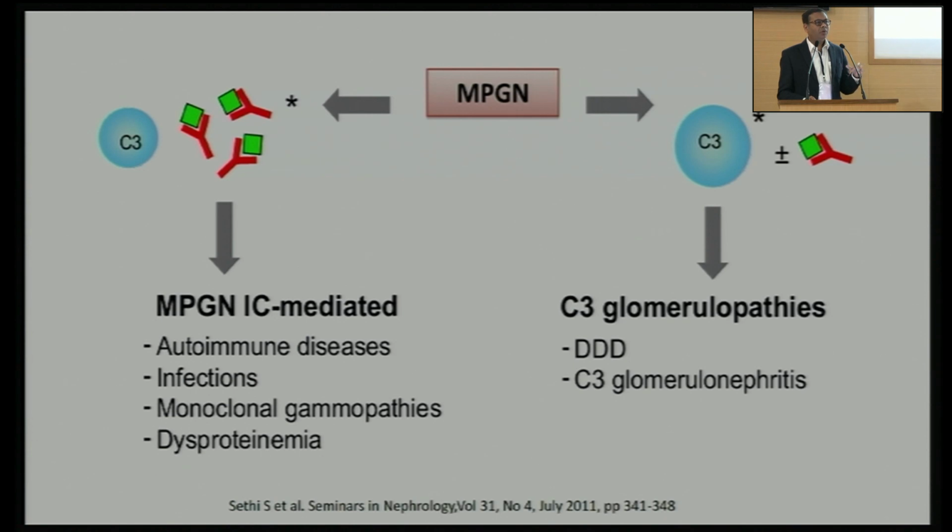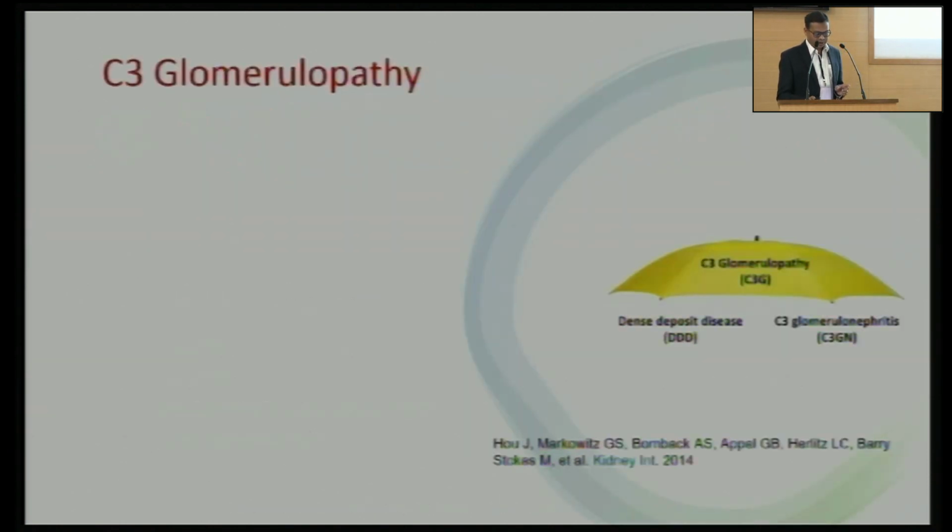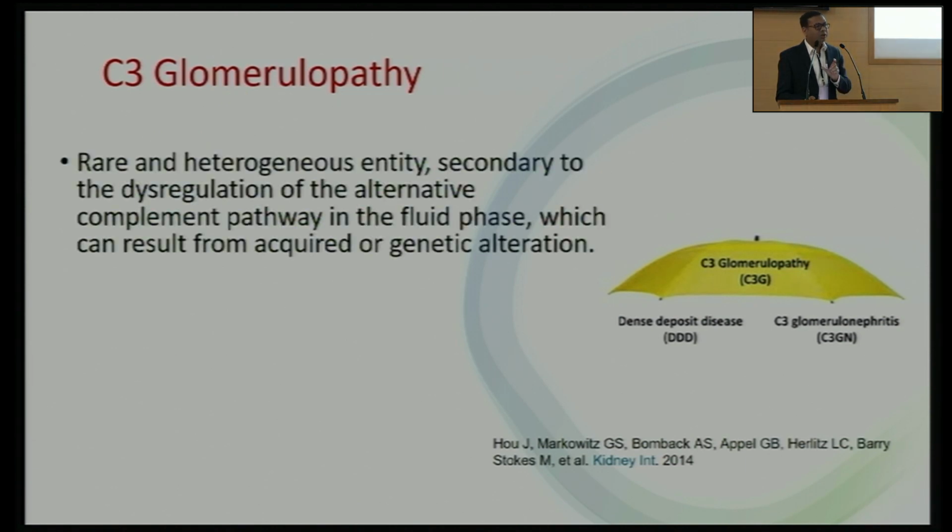If you have immune complexes, then it could be other things like autoimmune diseases such as SLE, rheumatoid arthritis, or infections, viral infections, or monoclonal gammopathy. These are the things you should look for when there is an immune complex along with C3 deposition. So that is the umbrella of C3 glomerulopathy, DDD and C3GN.